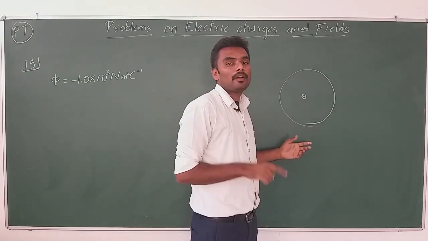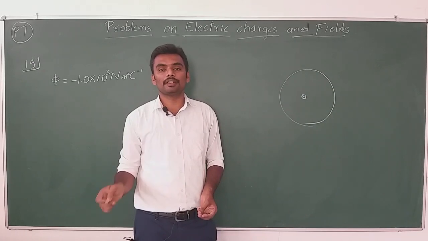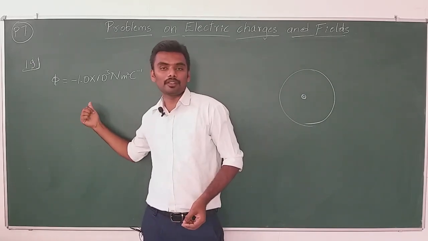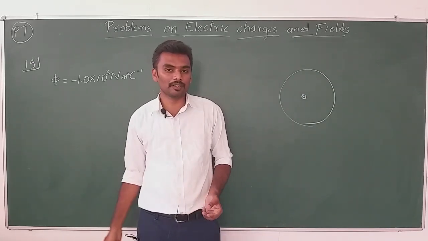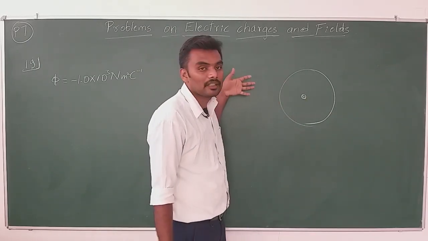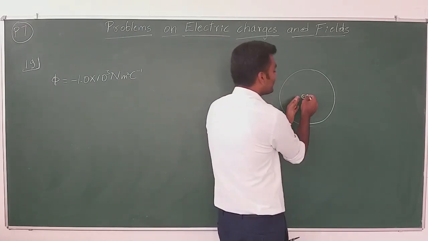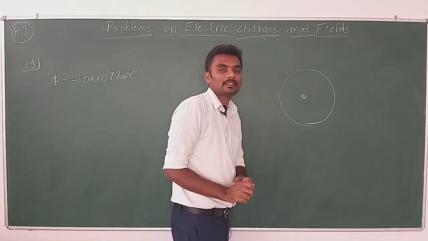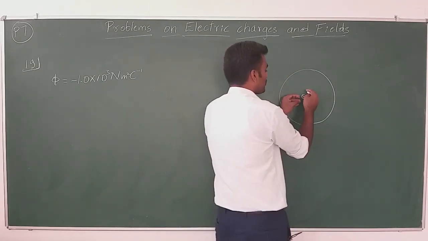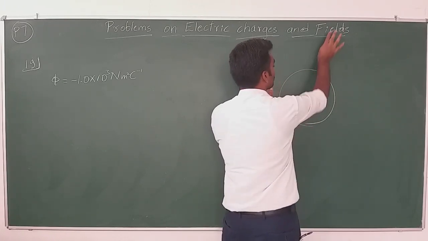Observe properly here, the value has got a negative sign with it, right? What does that signify? That signifies the direction of the electric field is actually into the surface, which means that the charge is negative. If the charge is positive, the electric field would be going away from it and passing like this.